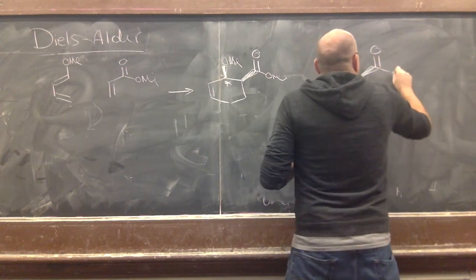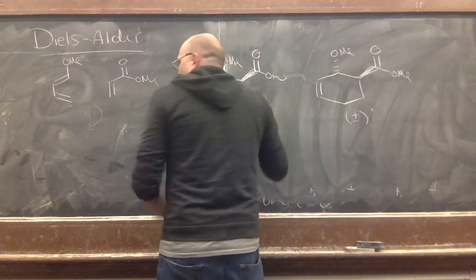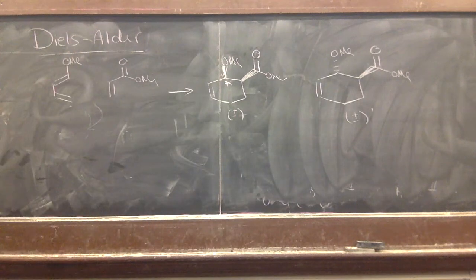So again, we're not going to worry about just racemic, right? Not going to worry about asymmetric processes. One of these is going to be endo, one of them is going to be exo. And the question is, which one is which?